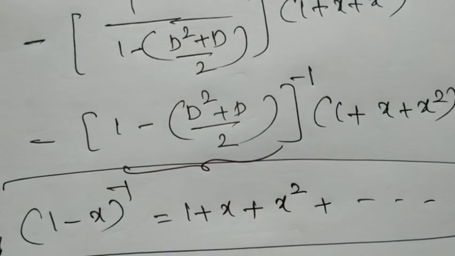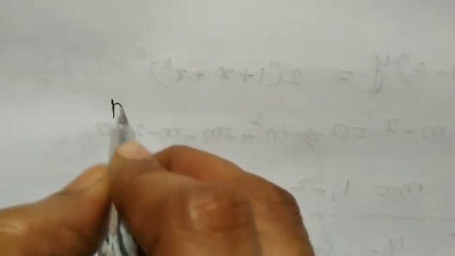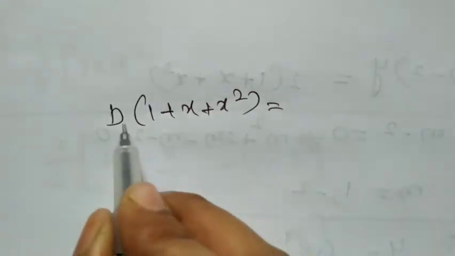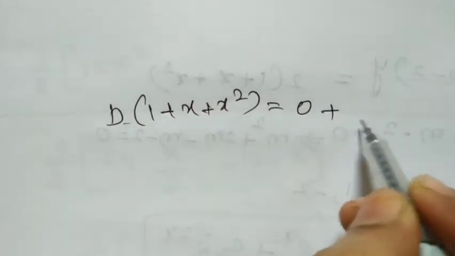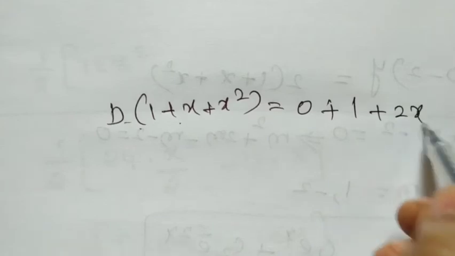By using this formula, expanding the given equation. D of 1 plus x square equal to, here d of 1 is 0, d of x is 1, plus d of x square is 2x.